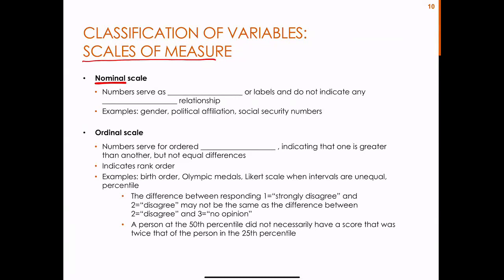Numbers serve as categories or labels and do not indicate any quantitative relationship. Also, there is no ordering. Gender, political affiliation, and social security numbers are examples of the nominal scale.